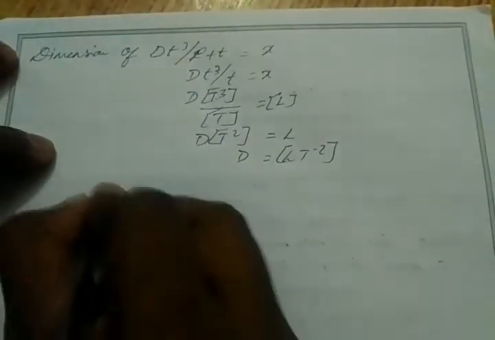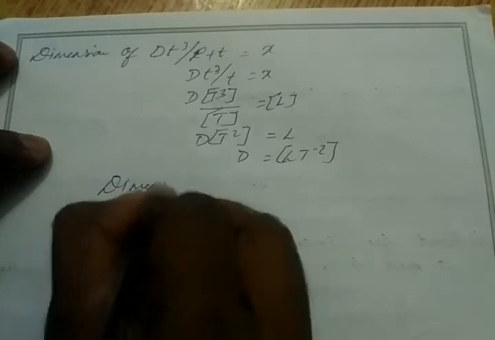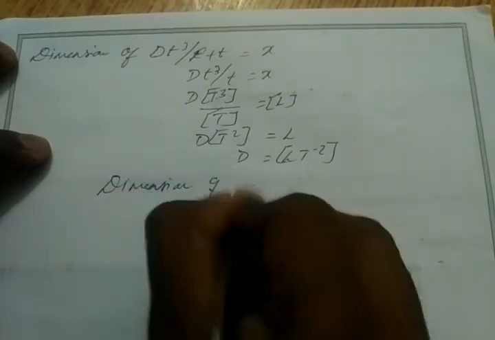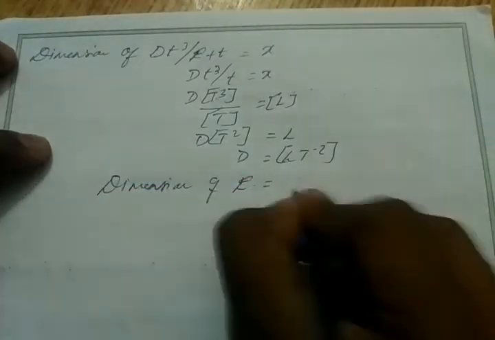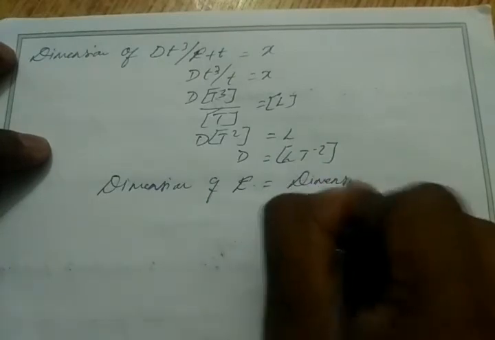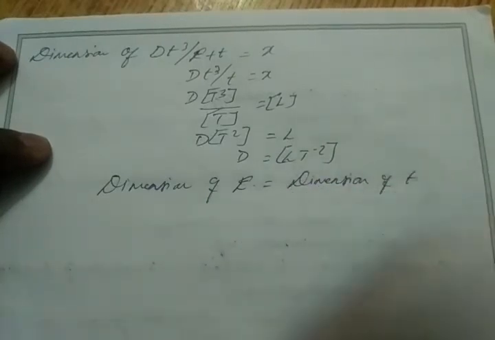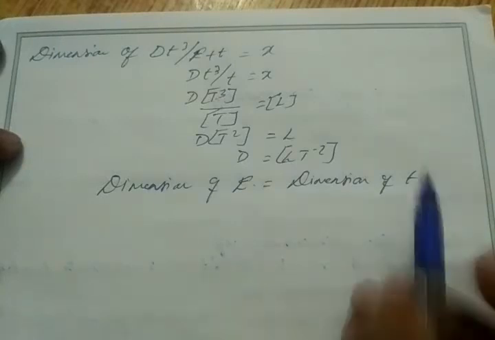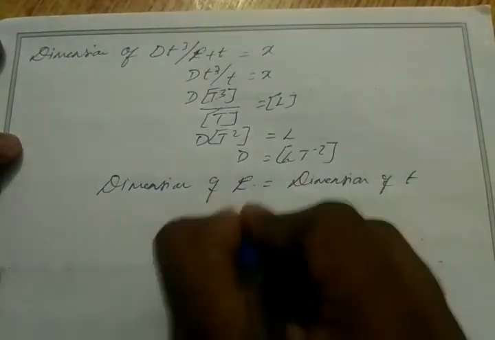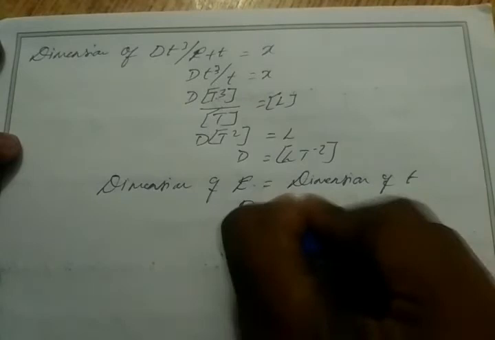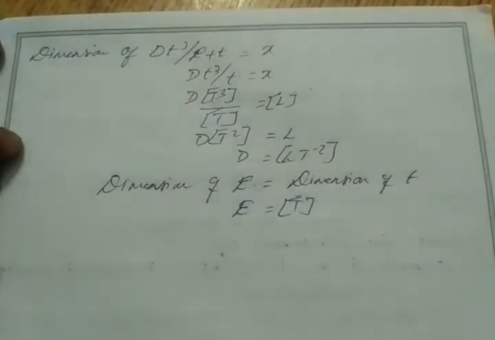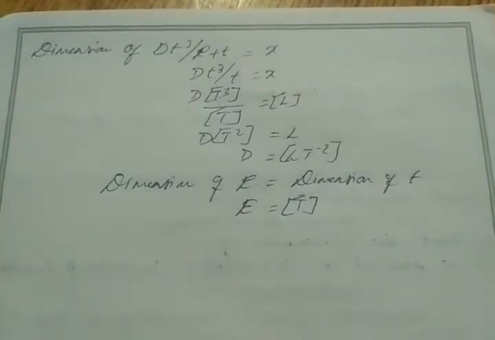So here the dimension of E should be equal to the dimension of T, correct? So what is the dimension of T? We know the dimension of T is capital T for time. So this is the dimension of E.